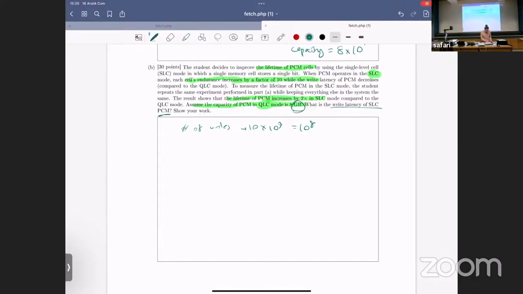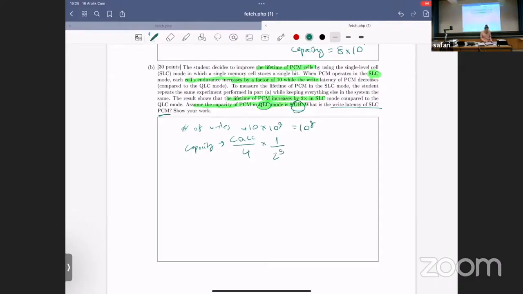So the capacity is going to be the capacity here over 4. And then the required number of writes is going to be this times 1 over 2 to the 9, as we calculated above, because of the 64 byte granularity of the writes.